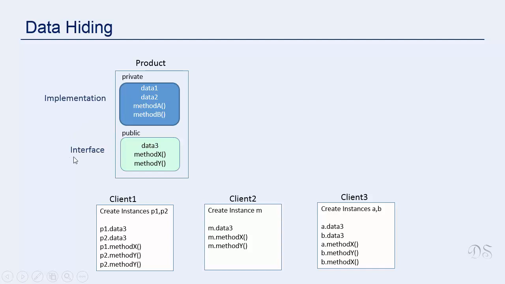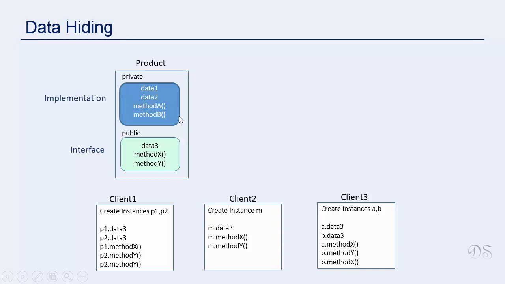This part that is visible to the user is the interface of the class, and this part is the implementation. The interface of the class generally comes with a guarantee that it will not change with time, but implementation may be changed without any warning. So a private method or a variable may be deleted or its behavior can be changed without any notice.